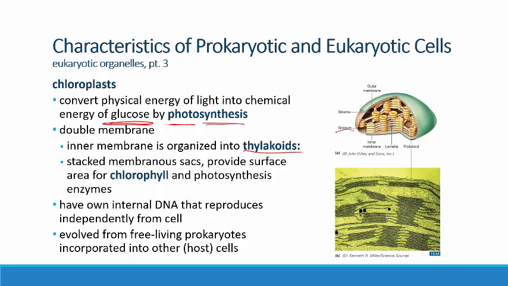So once again, highly folded membrane, and it's all about surface area for the photosynthesis reactions to happen on. They also have their own internal DNA that looks very similar to prokaryotic DNA. It's circular too, and it will reproduce on its own cycle.